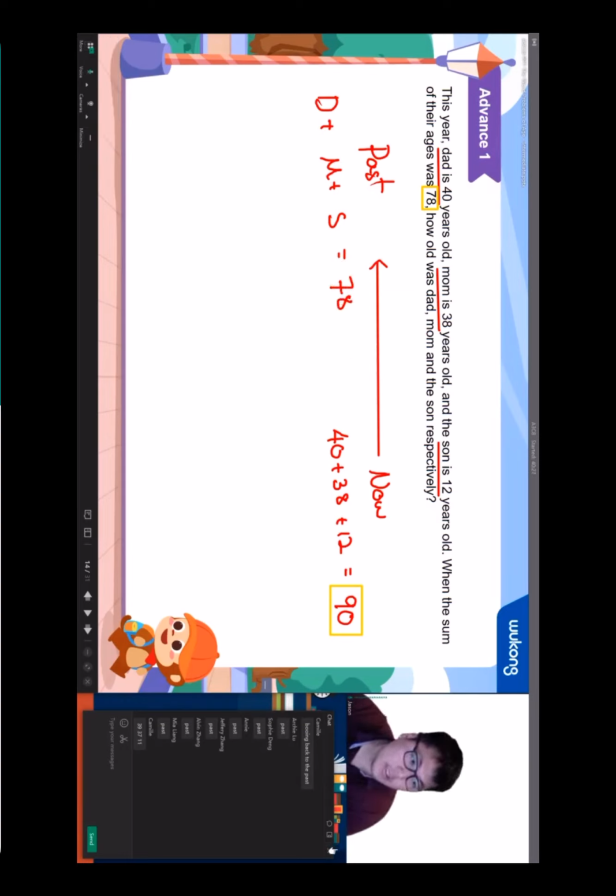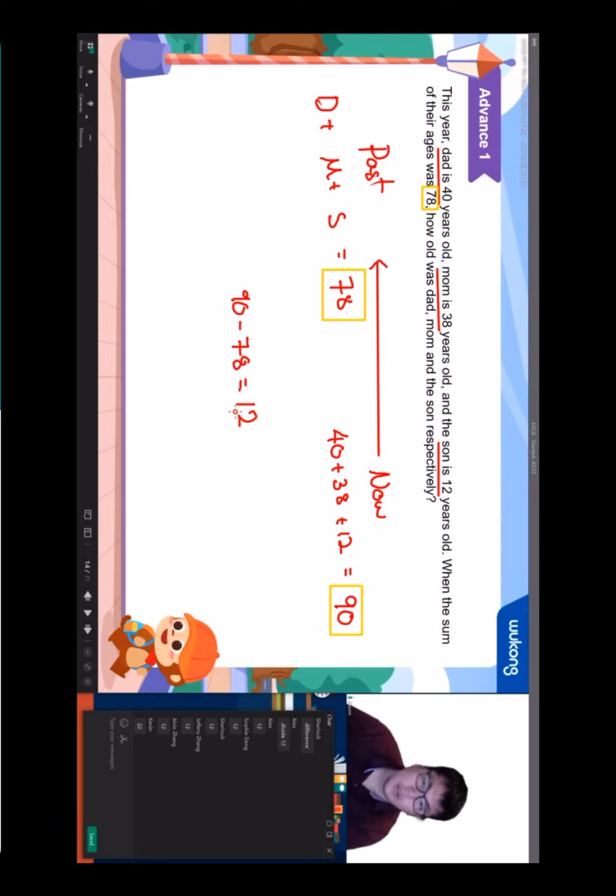What's the next step? Who can let me know the step, not the answer? Good, the difference. That's right. So let's find the difference. 90 take away 78 equals what? Yes, good, 12.